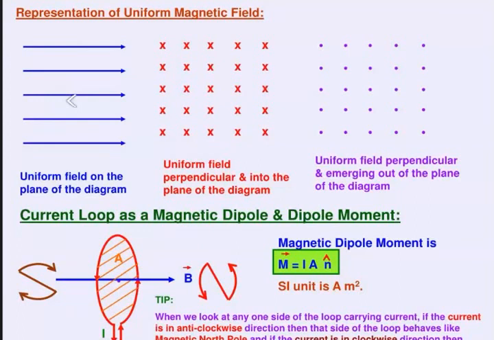In that case, perpendicular lines could be of two different situations. That is, perpendicular lines could be either entering into the plane or coming out of the plane. So we must have two representations for this. If field lines perpendicularly enter into the plane, it is denoted by a cross at the point where field lines enter into the plane.